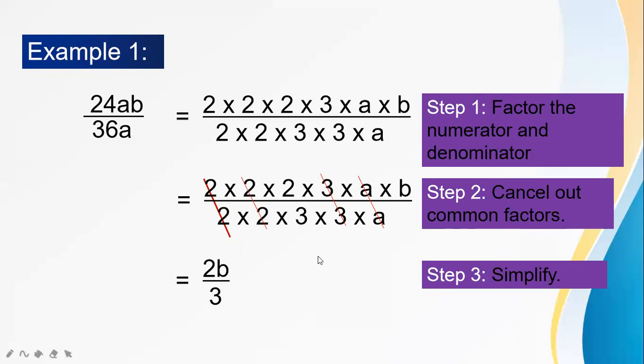Therefore, the simplest form is 2b over 3. 2 times b, we have 2b, then the remaining factor, copy only 3. So this will be the simplified form, the lowest term of 24ab over 36a, which is 2b over 3.